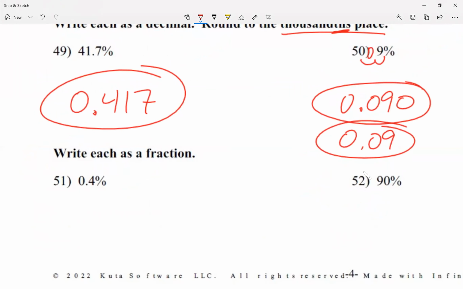Starting with a percent, we need to write this as a fraction. Okay, so all I'm going to do, I'm going to write 0.4, because it's 0.4% over 100. Then I should have no decimal places anywhere, neither the top nor the bottom.